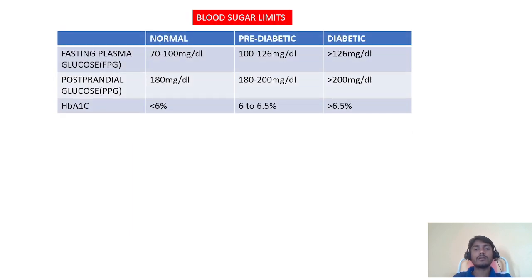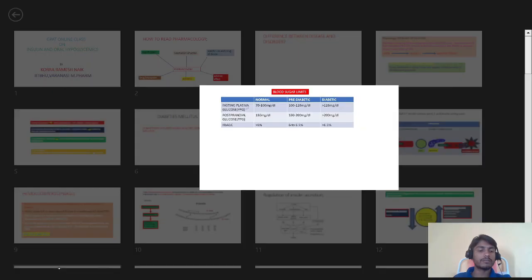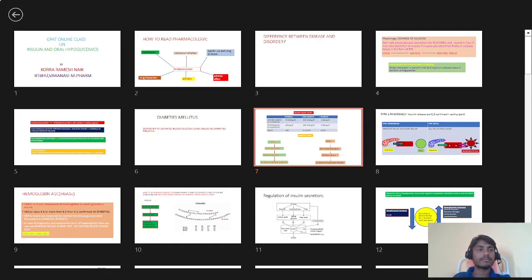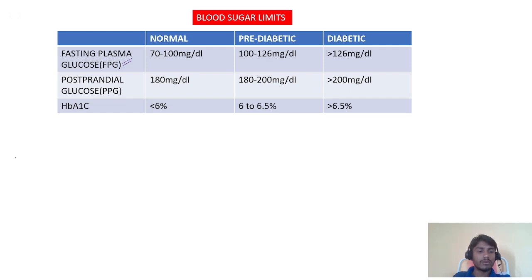Next comes the blood sugar level. What condition can we call a diabetic condition? First, fasting plasma glucose, that is, before taking food.